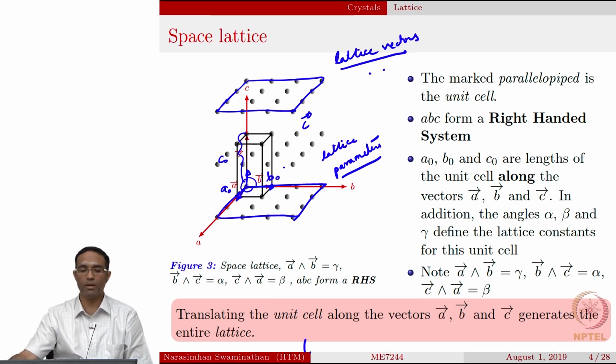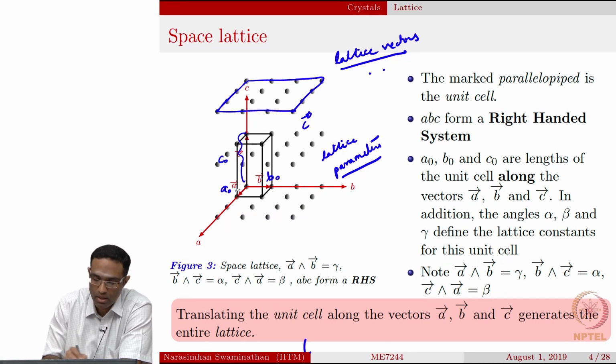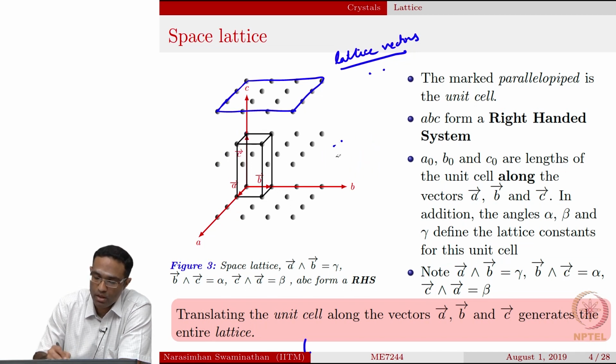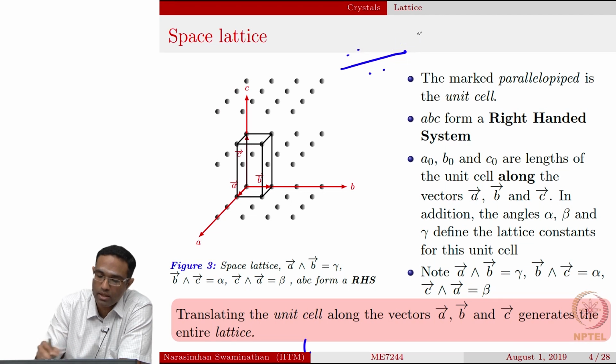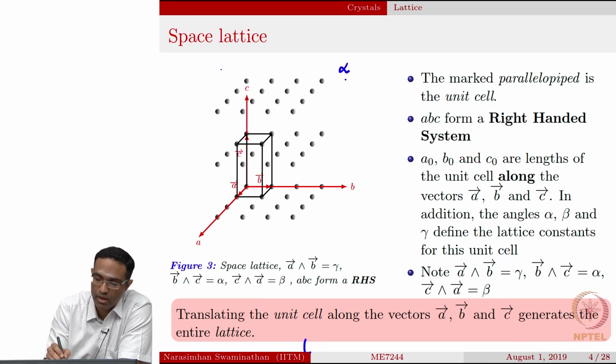parameters. And it is a good question to ask what is the nomenclature or what is the convention that is followed in order to name these angles. So, it is very simple. There is a very simple way to remember these things. You have three angles that are generally used whenever we talk about the unit cell parameters or lattice parameters: alpha, beta and gamma.